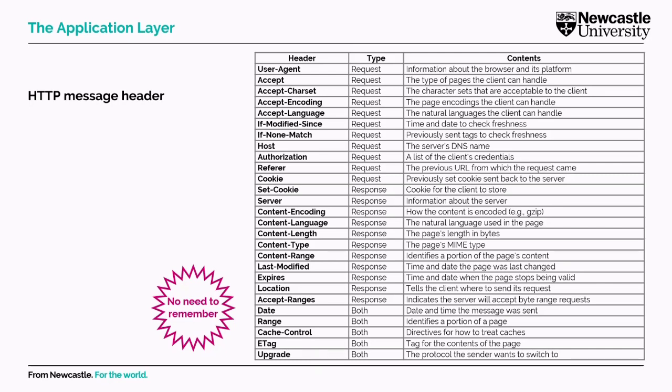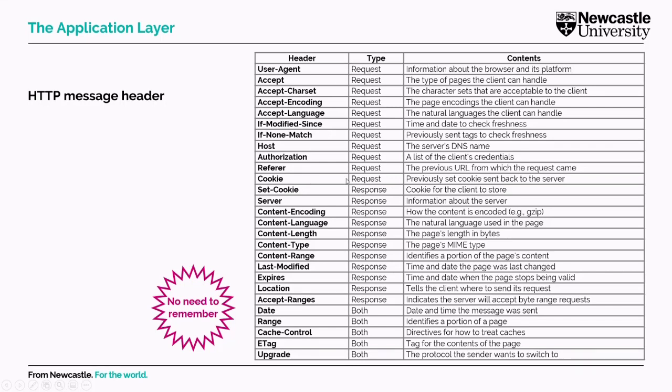And as with all protocols we've seen, we have messages, and the packet will also have headers. HTTP is no different. So alongside the request, you need to provide some additional parameters.